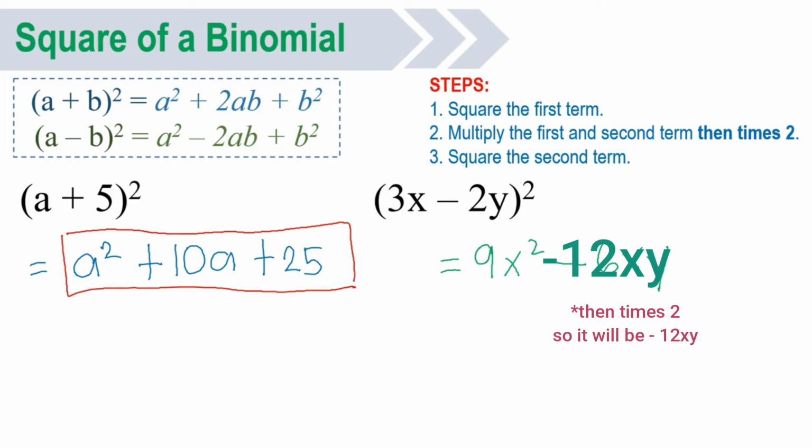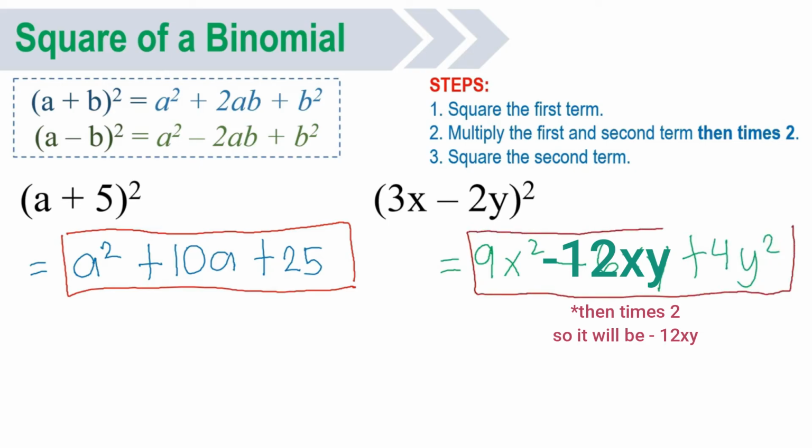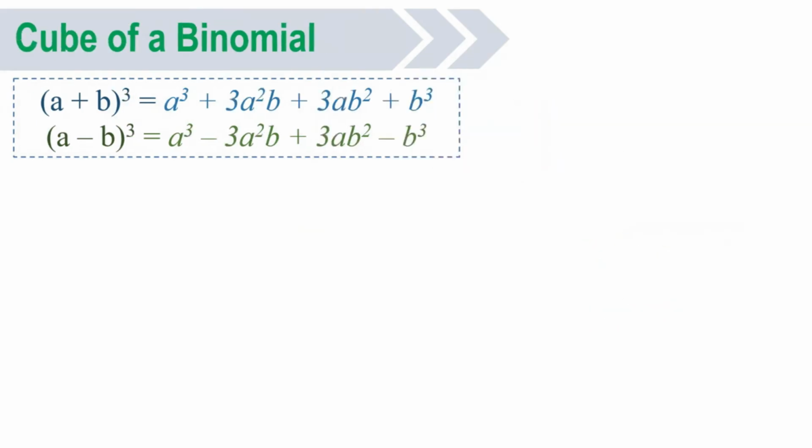So negative 2y times negative 2y, you will have positive 4y squared. So the answer is 9x squared minus 6xy plus 4y squared. So even without using the FOIL method, you will be able to solve for the square of a binomial mentally. Just remember these 3 steps.